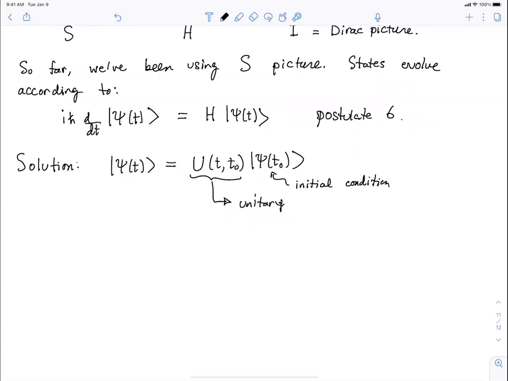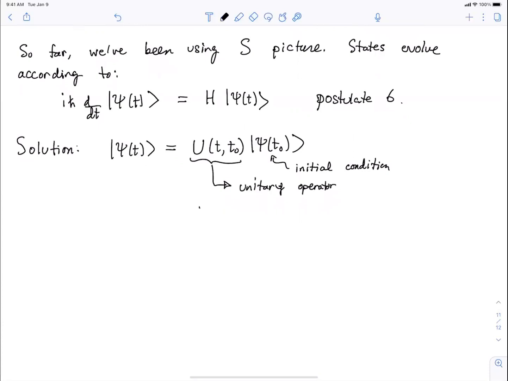So that's useful to know, even if we can't solve for it exactly all the time. So unitary operator means that its inverse is equal to its Hermitian conjugate. And as a bonus, that's the same thing as if you interchange the initial time and the final time.